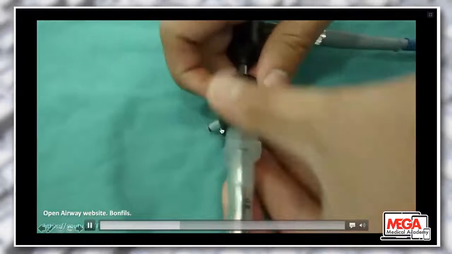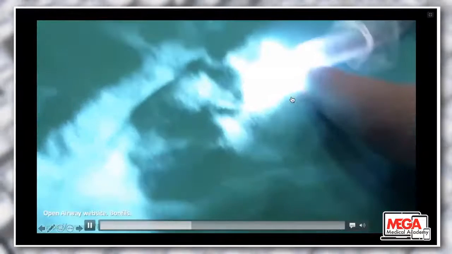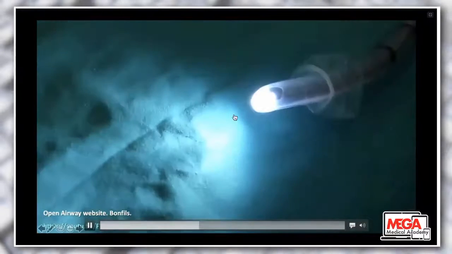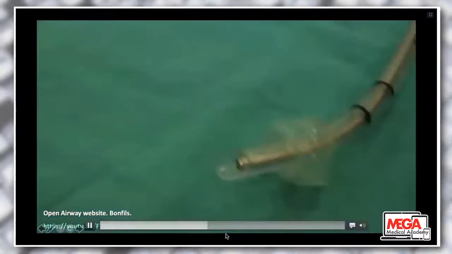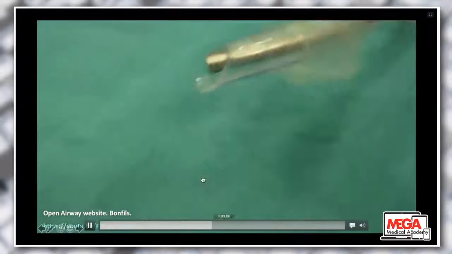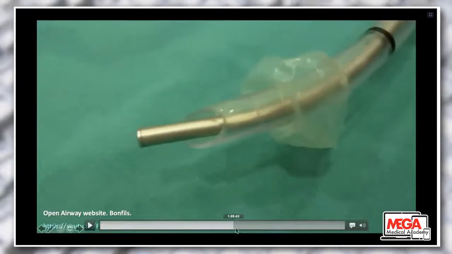And you can see this part, you can apply oxygen to the patient. One of the most important points, you have to avoid the tip of the stylet going outside the tube. Otherwise, you are going to injure the patient's soft tissue. It shouldn't be like this. It should be retracted inside the tube, as you can see here.